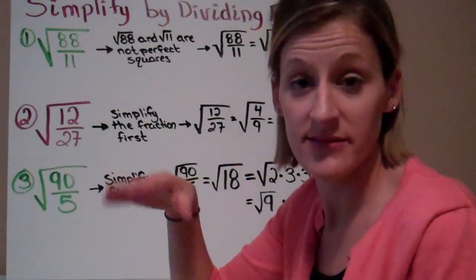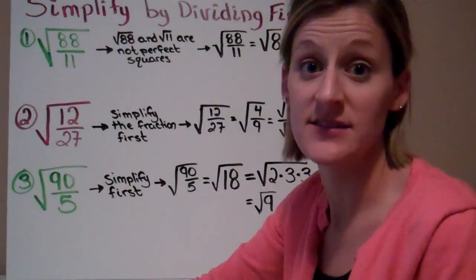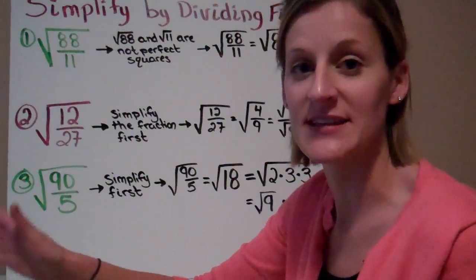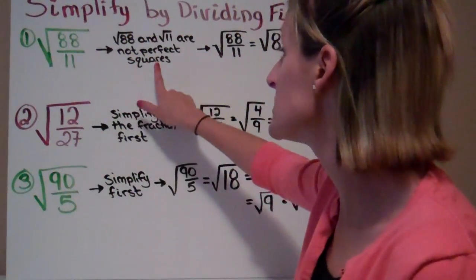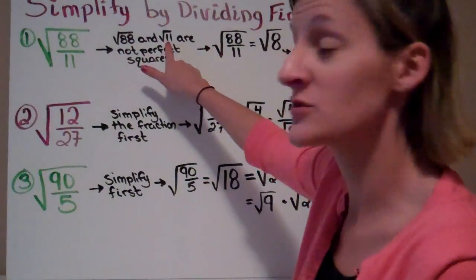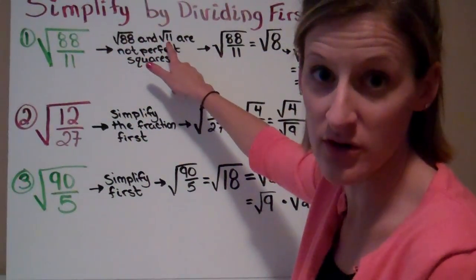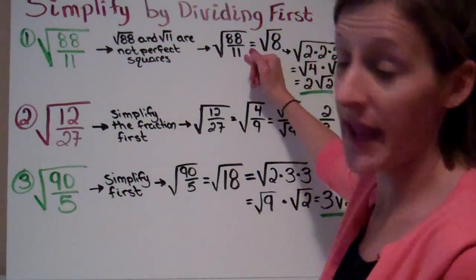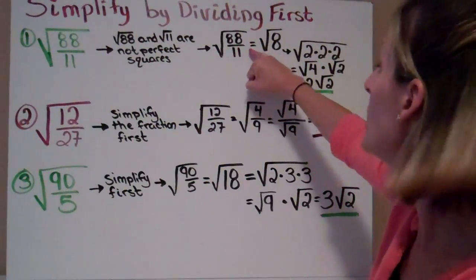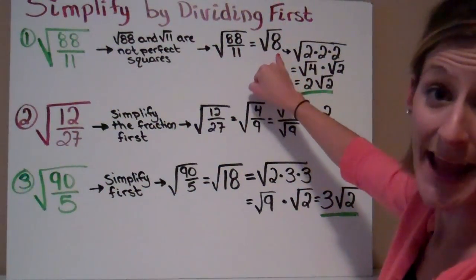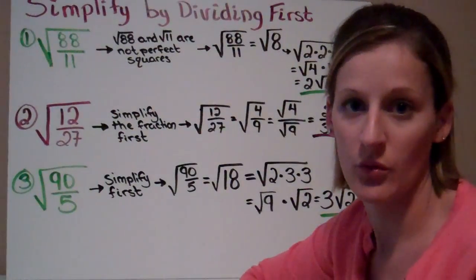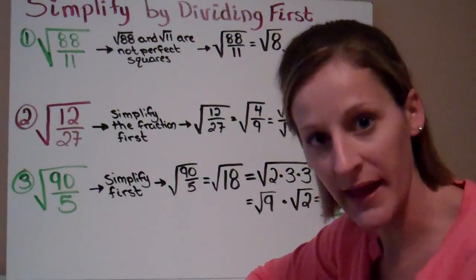Now, we said that you cannot have a radicand that's a square root, or a radicand that's a fraction. So what I need to do, since the square root of 88 and the square root of 11 are not perfect squares, I'm going to simplify 88 over 11. Now we know 88 divided by 11 is 8. Now I just have the square root of 8, and I can simplify from there.